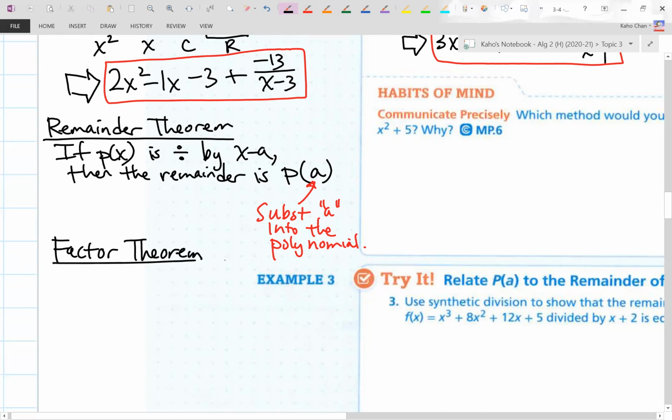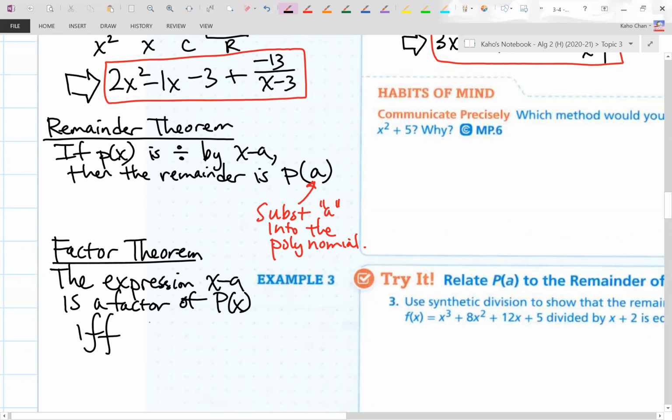The factor theorem says this: the expression x minus a is a factor of the polynomial p of x, if and only if your remainder theorem gives you an answer of 0.